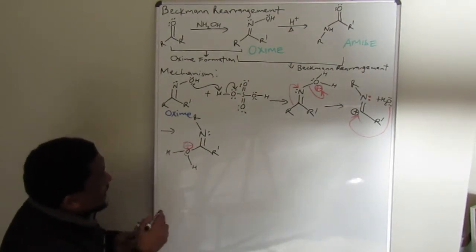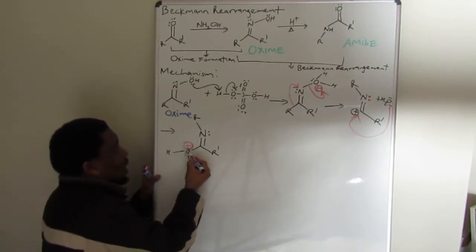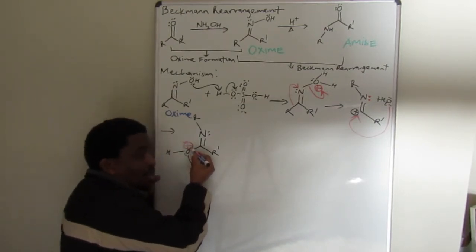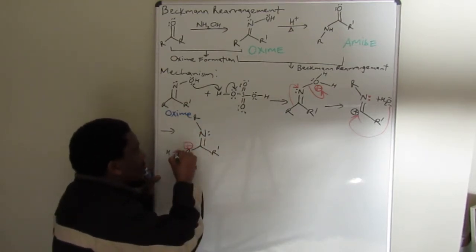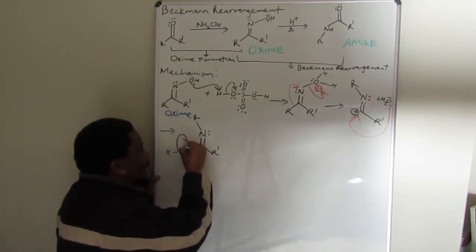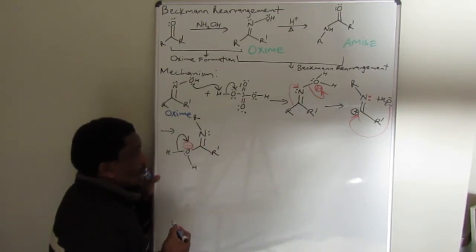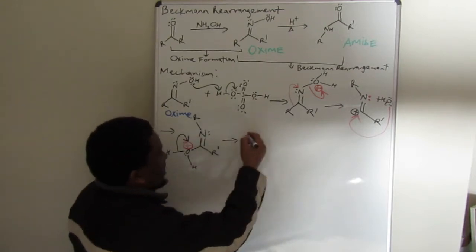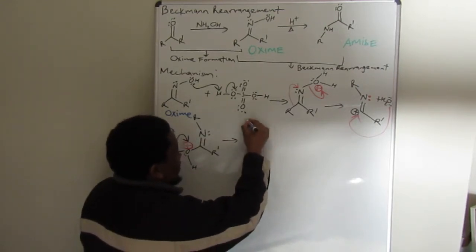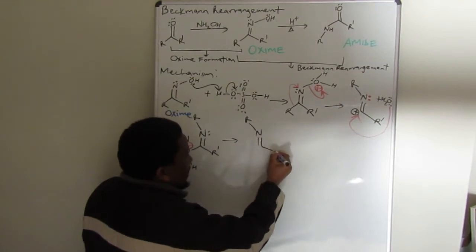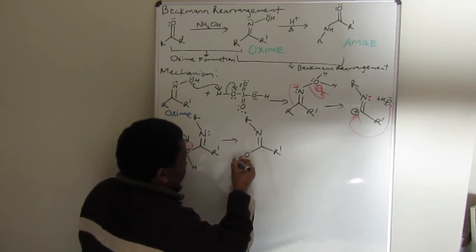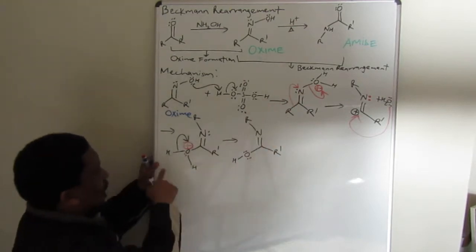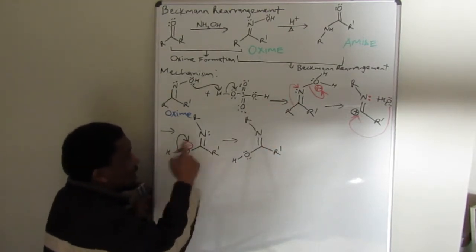Therefore, the oxygen, which is bearing a positive charge and is much more electronegative than nitrogen, takes away the bond pair that it shared with hydrogen, to generate this structure: N, single bond R, double bonded, R prime, now bonded to O that is bonded to H, with two lone pairs now, plus H plus.